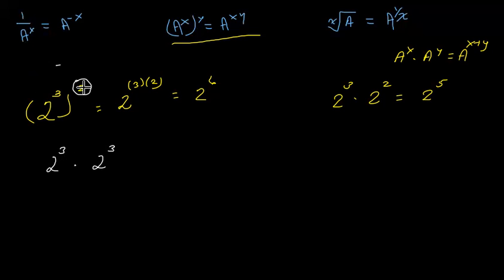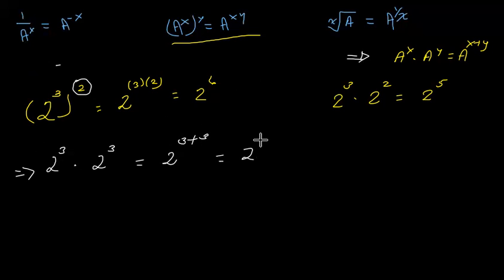I'm just squaring them. Now, when I get here, according to my rule, one of my first laws, at this point, I'm multiplying now. I no longer have an exponent being applied to another exponent. I now have a simple, straightforward multiplication with the same base. So what do I do? I add the powers. So I get 2 to the 3 plus 3.